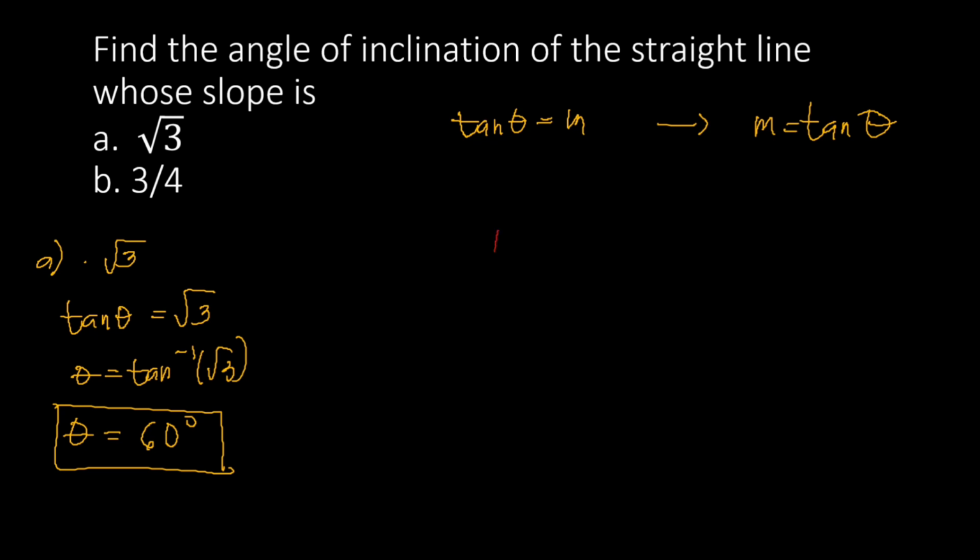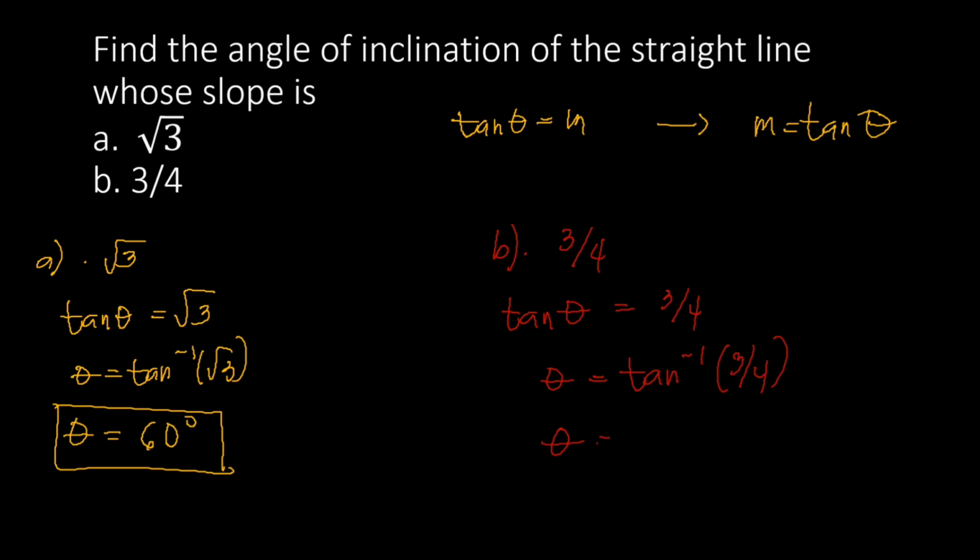For B, ang slope niya ay 3/4. So, find the inclination of a line. We have tan theta is equal to 3/4. Then, theta is equal to inverse tan of 3/4. Again, use your calculator. Press shift, then tan, 3/4.